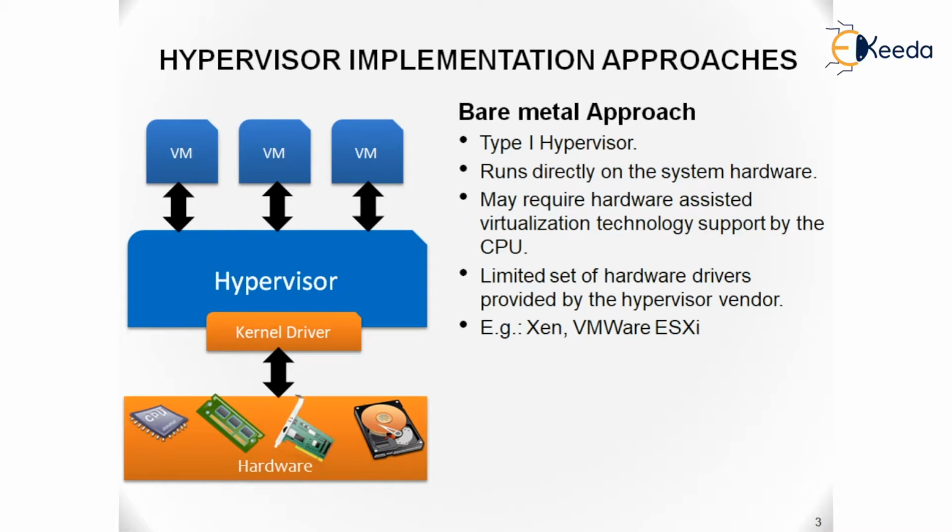Then and only then you can run this hypervisor properly, and with the help of this hypervisor we can create or launch a number of virtual machines. So in terms of role, the hypervisor is going to deal with the hardware resources, that is your CPU.